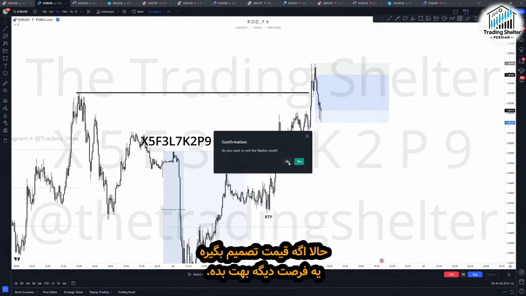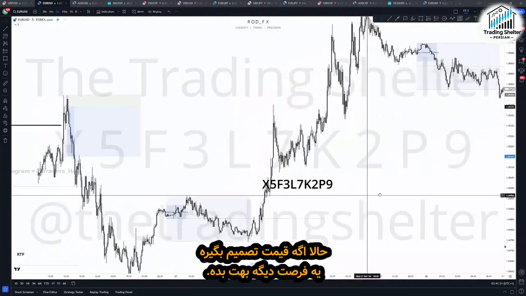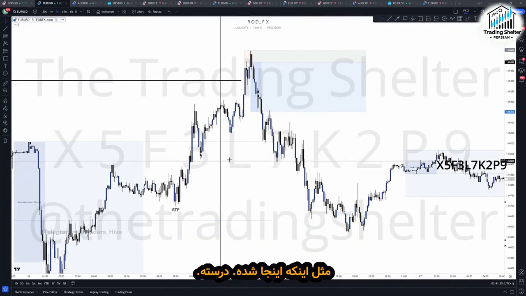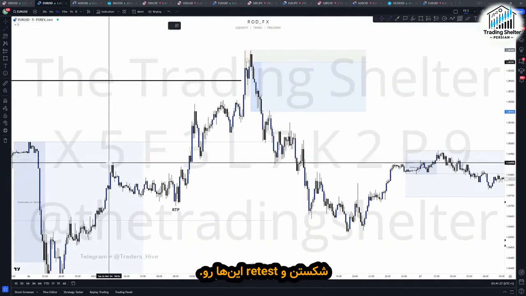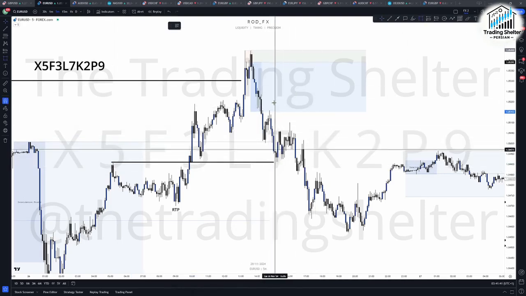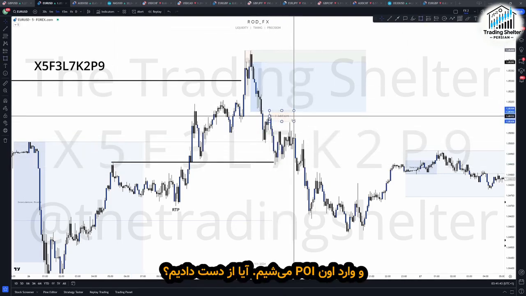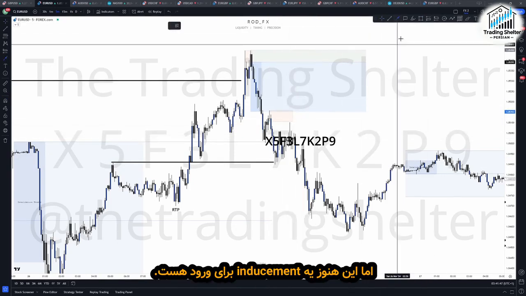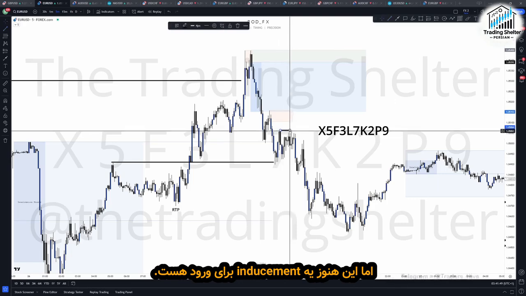Now, if price decides to give you another opportunity, like it did here, right? It comes back, breaks and retests these, pulling higher, going into that POI. Did we miss? We missed. It's okay. But this is still an enticement to enter.